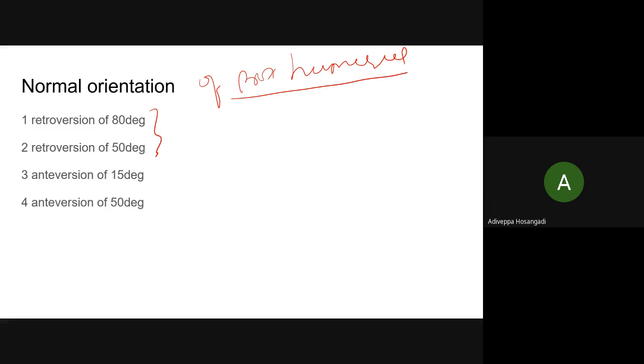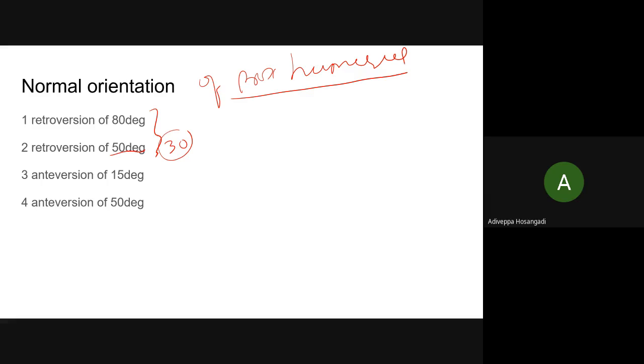Which are the choices here? The choices are 80 and 50, sir. So of the available choices it is 50, but actually it is 30 degrees.